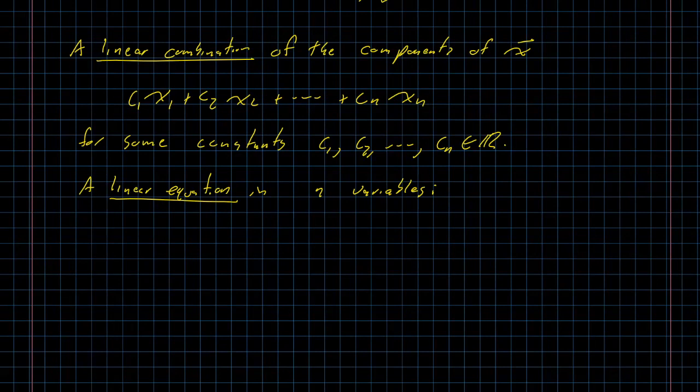And once we have a linear combination of n variables, we can turn it into a linear equation in n variables. Let's try writing that so it actually looks like words.